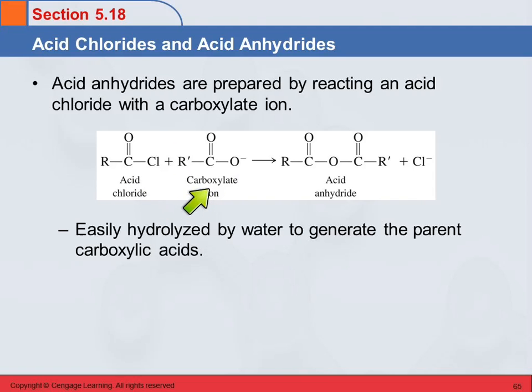So if you put this in a more basic solution, the proton will come off and you get the ion. If we react this with the acid chloride, then we form this acid anhydride. So that's how they're actually made. If you expose this acid anhydride to water, it will hydrolyze back to the original carboxylic acids. But you can't just get the 2 carboxylic acids to join up and become the acid anhydride.